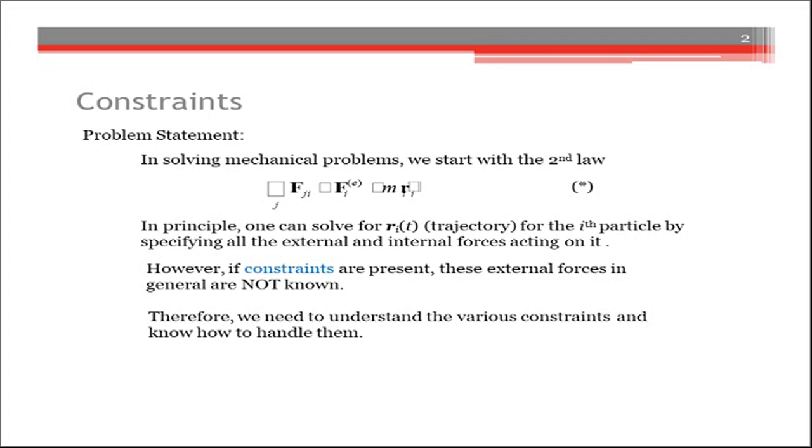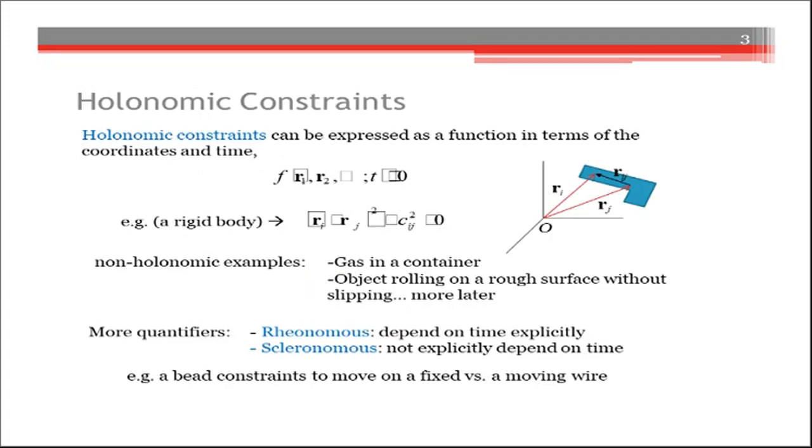With this principle we solve for r_i(t), the trajectory of the ith particle, by specifying all the external and internal forces acting on it. If the constraint forces present in the external forces are not known, we need to understand the various constraints and know how to handle them.